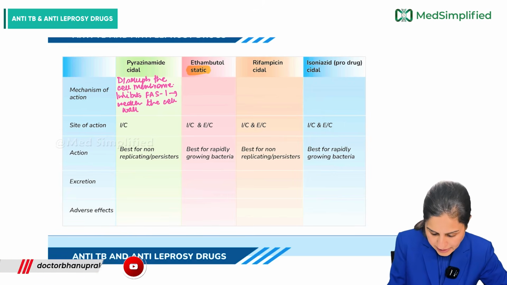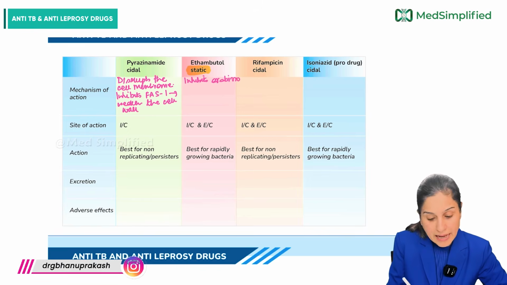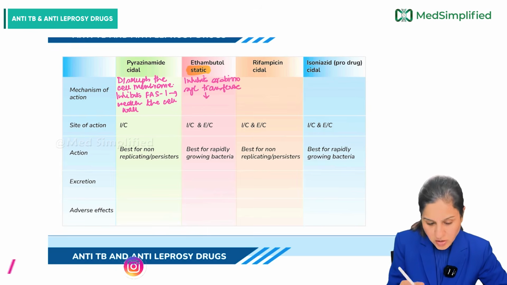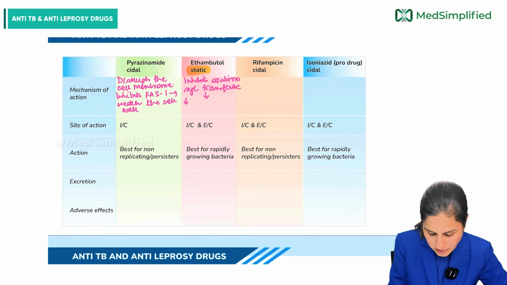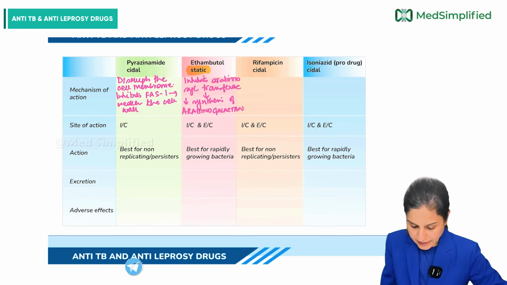Ethambutol inhibits the enzyme arabinosyl transferase, which is going to decrease the synthesis of arabinogalactan, which is also a component in the cell wall.